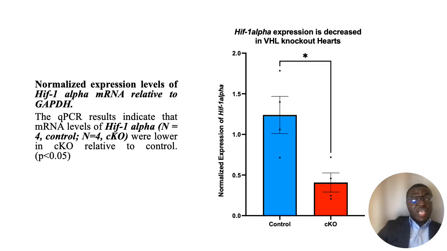So for our results of the HIF1 alpha, at the mRNA level, it shows that there were significantly higher levels in control compared with the VHL knockout, which was not supposed to be.